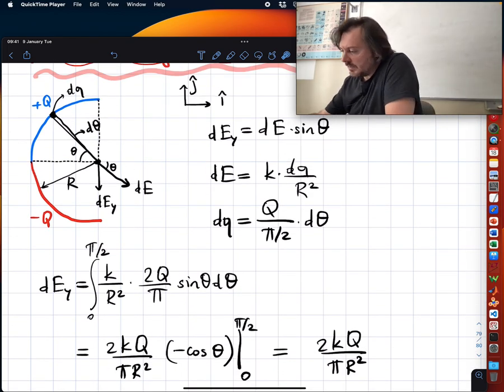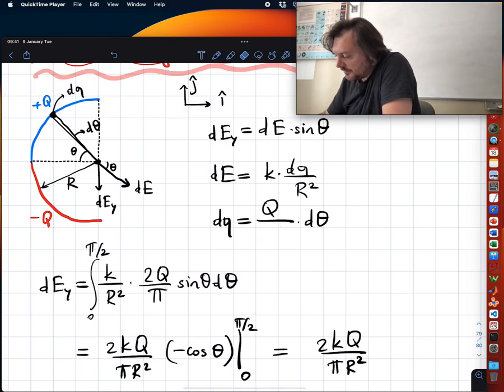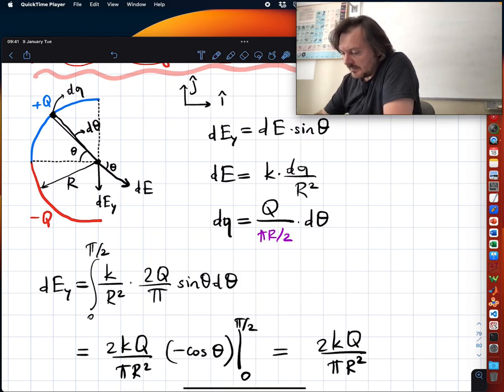Yes, let's do it with length. So if you do it with length, then it's pi r over 2, right? This is pi r over 2. Then this distance is not r d theta... rather, it's not d theta, it's going to be r d theta. Why is that? Let me tell you why.